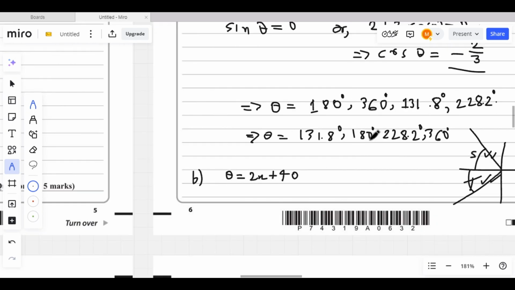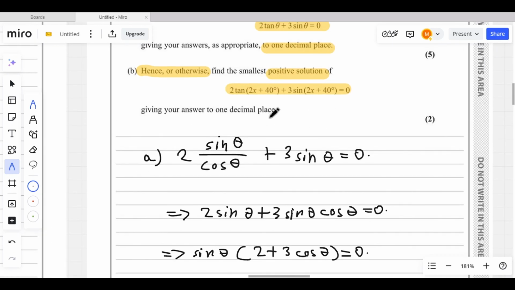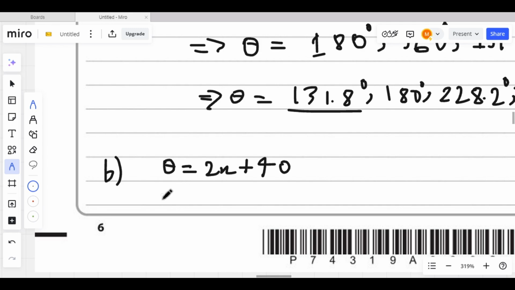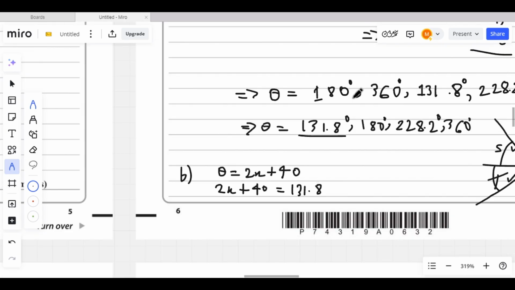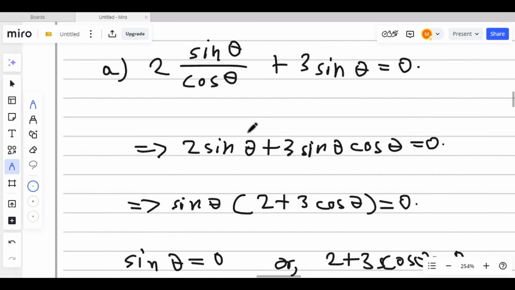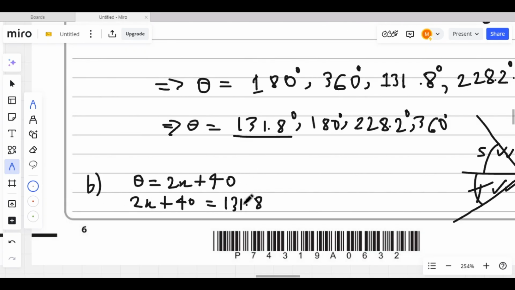The smallest positive solution they wanted is 131.8. So we can write twice of x plus 40 equals 131.8. Did they ask for any decimal places? One decimal place. Okay, so we can take that.